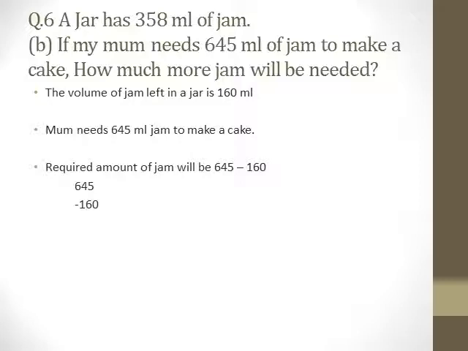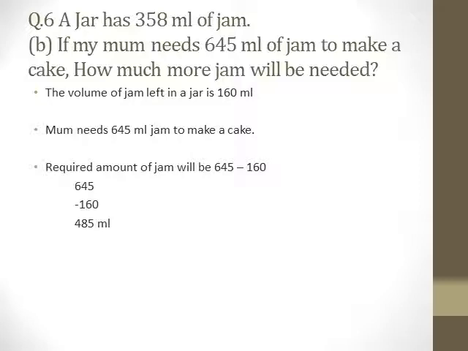So it is now 80, and 6 is now no longer 6 because it gave 1 as a carry to 4. Now it is 5. So 5 minus 1 will be 4. The answer you will get is 485 milliliters. 5 minus 0 is 5, 14 minus 6 is 8, and 5 minus 1 is 4.